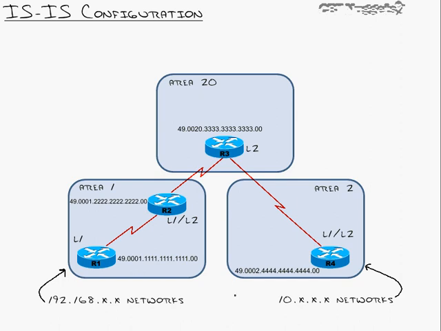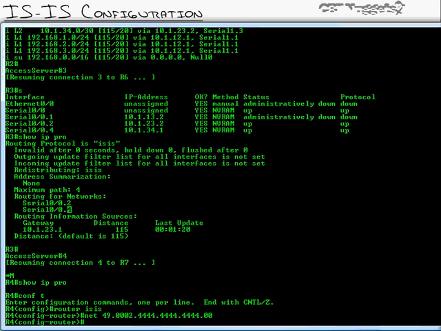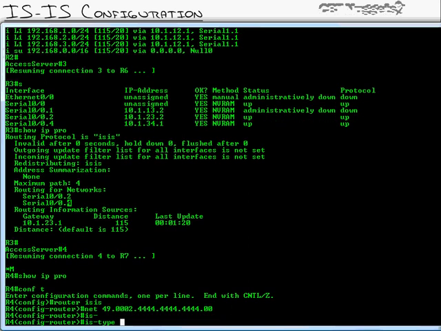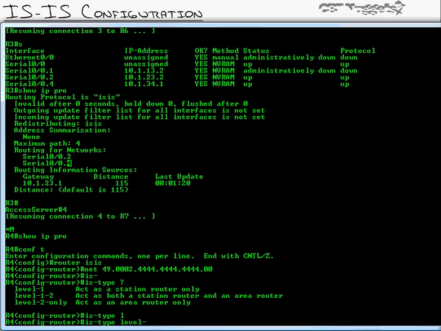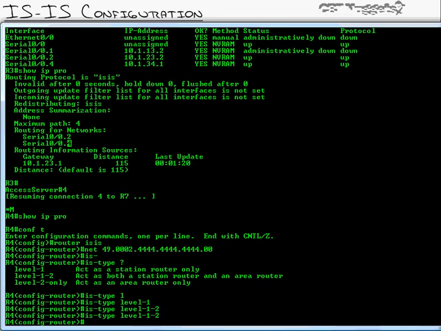We're in the last area, 49.0.0.2. System ID in there. I will type in the IS type because this will be a, well, it's level 1/level 2 by default. So we'll do a level 1/2 that I've hard coded in there.